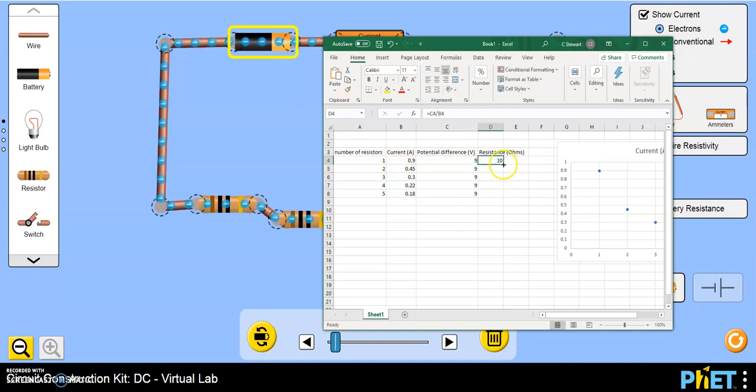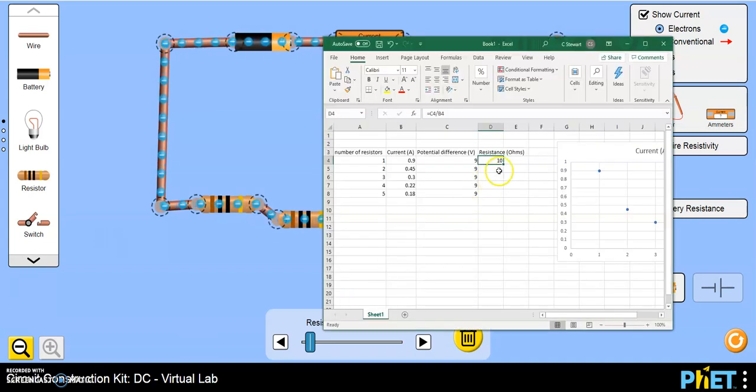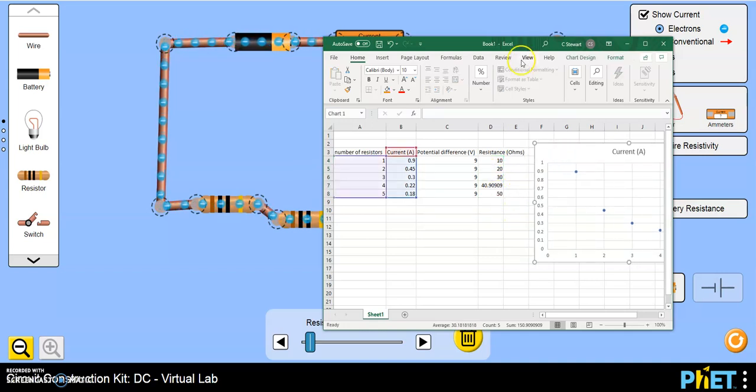And I get a resistance of 10 ohms. And we can just double check that that's true. If I click on my resistor in the circuit, I have a 10 ohm resistor, and each of those resistors is the same value. 10 ohms, and I can drag that equation down, and the resistance seems to increase, which makes sense. I'm adding more resistance to the circuit, the resistance goes up.